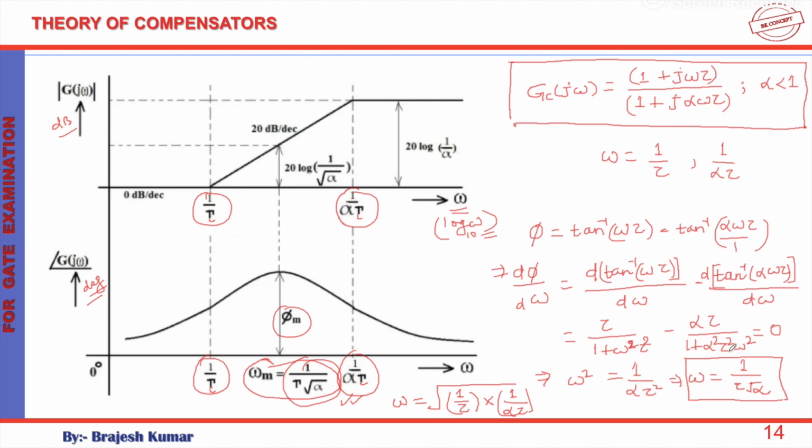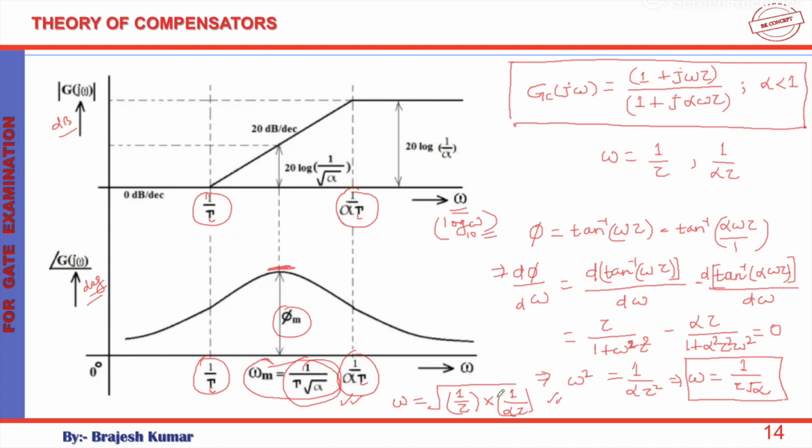Either remember this formula or just remember that at omega equal to omega m, which is the geometrical mean of these two corner frequencies, the value of phi will be maximum. See, it is a peak. It is the maximum phase lead you will get at this frequency.